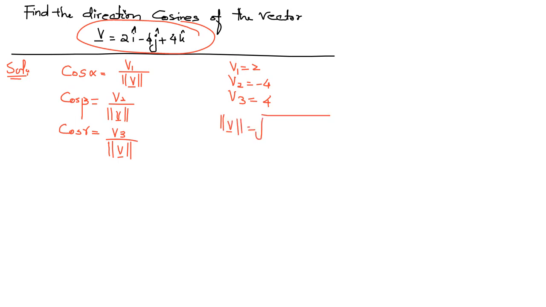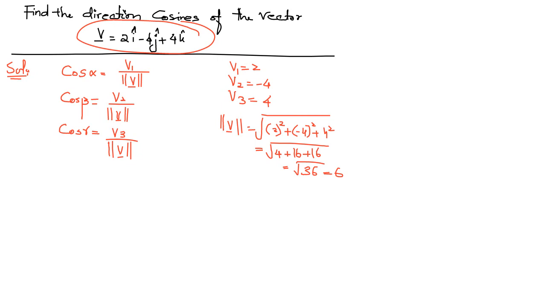Do you know how to find the magnitude of a vector v? Anybody can tell me? Yes, 2 squared plus minus 4 whole squared plus 4 squared. If you simplify, you get 4 plus 16 plus 16, which is the square root of 36, which is equal to 6.